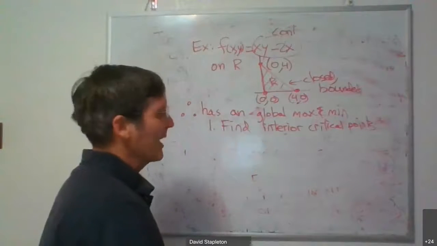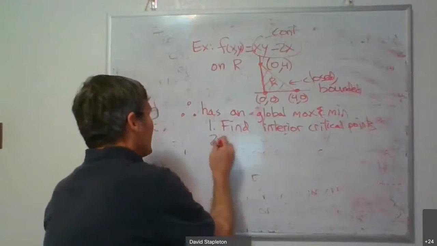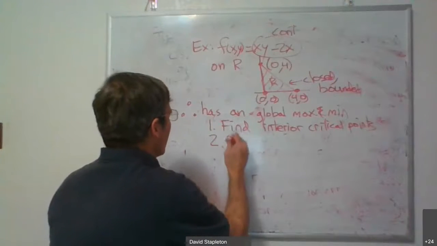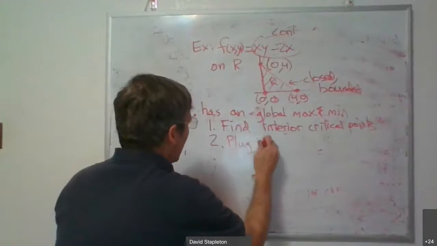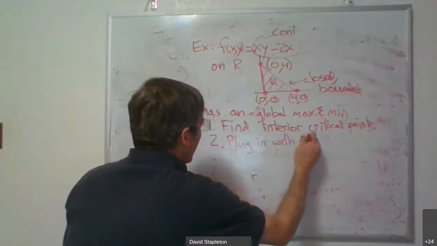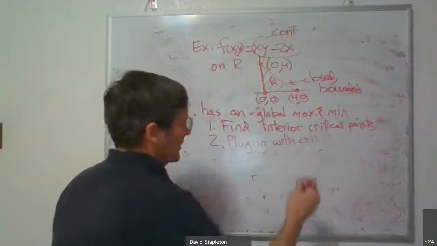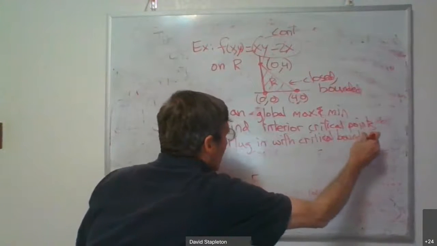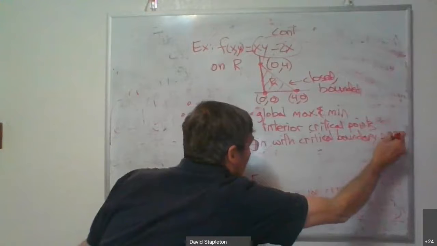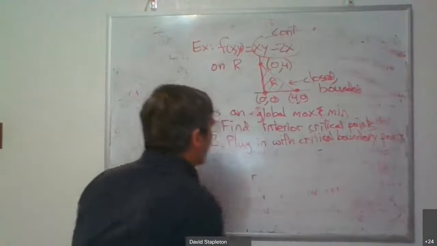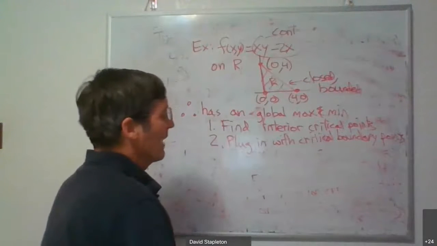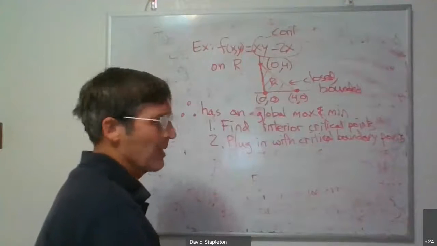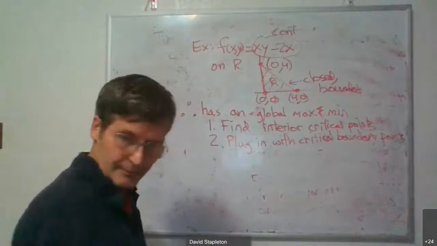But then the second step is to just plug all of these in with the critical boundary points, which I'll just do by example here. And the largest is the max and the smallest is the min. You just have to check them all. Plus there's an infinite number of them. That won't be the case on any of these problems.